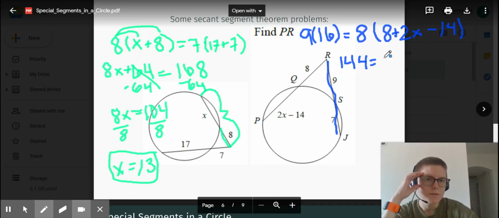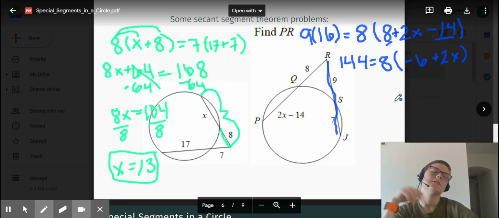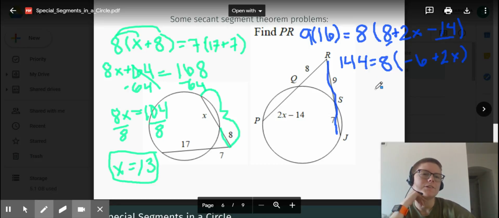Equal to 8 parentheses. I know that this positive 8 with this minus 14 is negative 6. So I'll just simplify that while I'm here. Plus 2x, close parentheses. Then I could either divide out the 8 first, or I could distribute the 8.